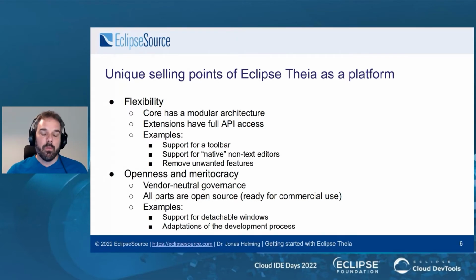And at the moment, we are, for example, discussing the release cycle, the frequency of releases, also based on the needs of the adopters of this project to make their life easier and better address the needs. And these things are discussed in public, and you can influence them when you start to contribute to the project. So that's what meritocracy means. If you start to contribute to the project, you can build influence and basically influence the direction of the project.